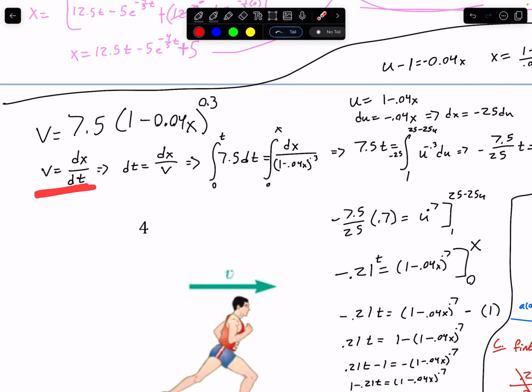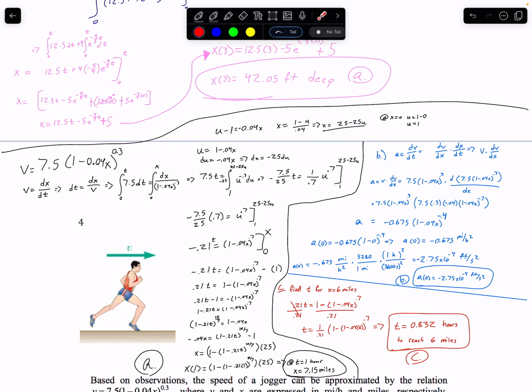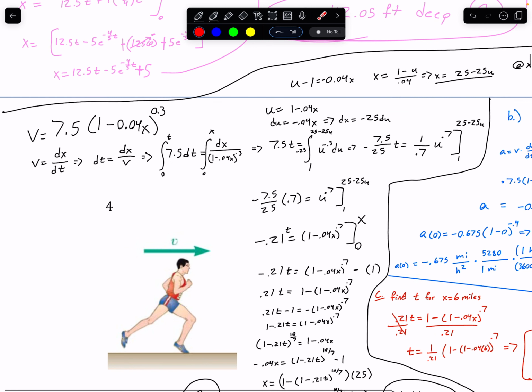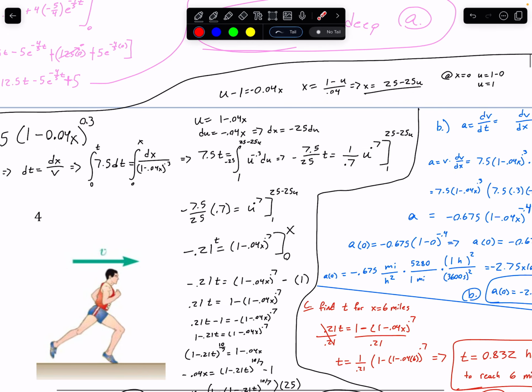Here's our velocity function. This one took me a bit of time to integrate correctly, but eventually we got there. But again, once you divvy everything up, 7.5 could have been here or at the bottom there. Didn't really matter. It's a constant. Again, use the U sub, and then integration.